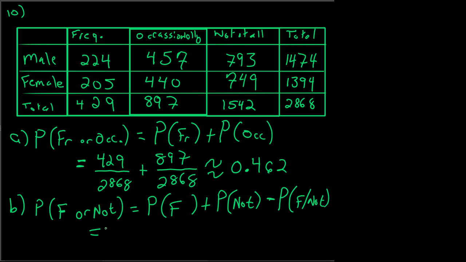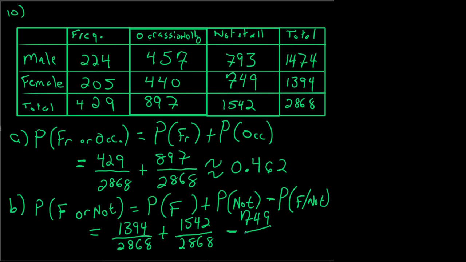If we put these probabilities in, the probability of being female is 1394 out of the 2,868, because the total chance of being female is 1394 out of 2,868, or the chance of not at all doing charity work is 1542 out of the 2,868, minus the overlap, which is the 749 out of 2,868.